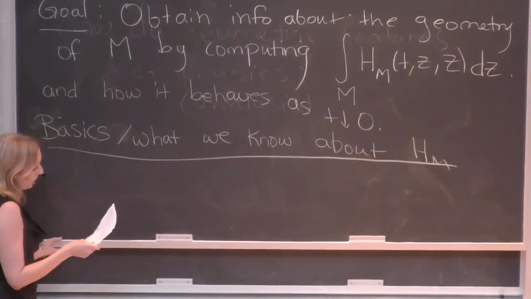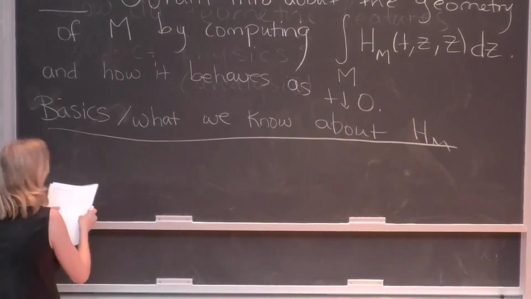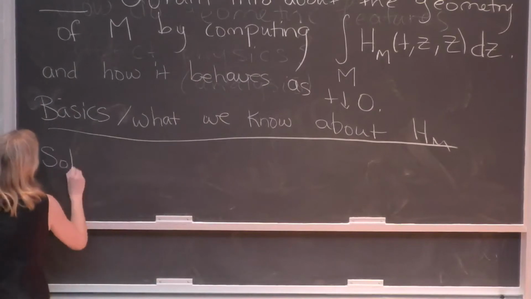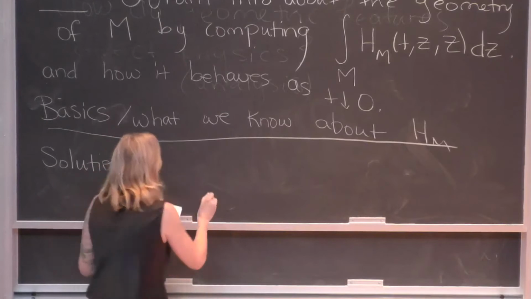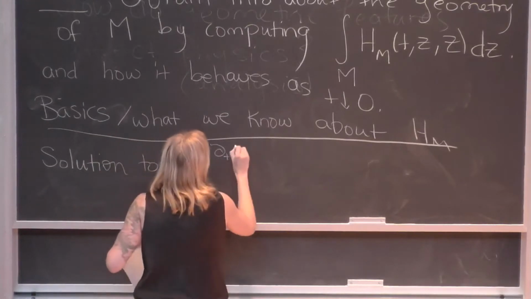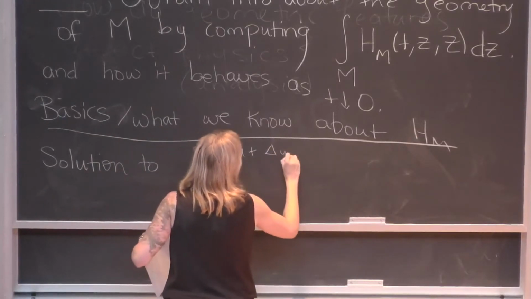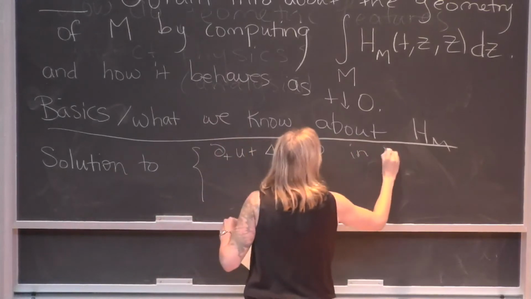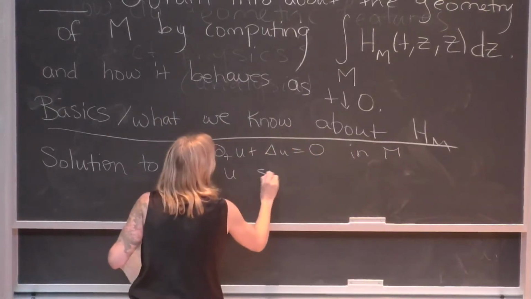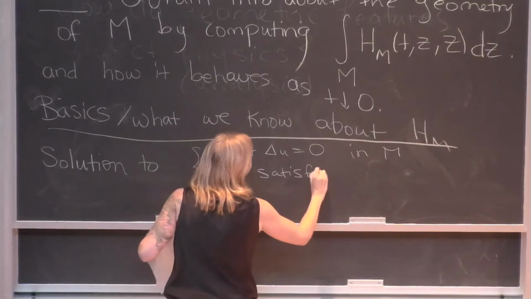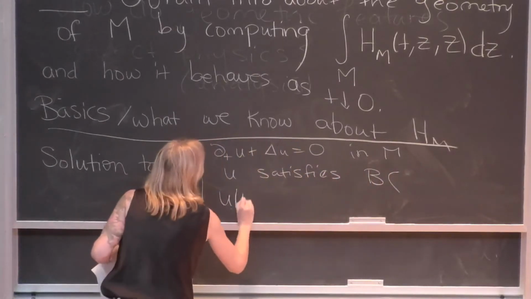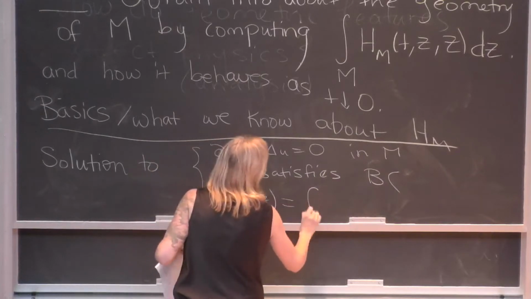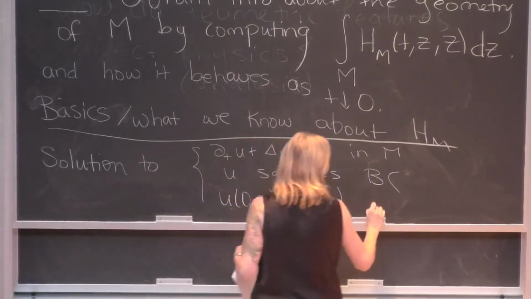As in our example, consider the solution to the initial value problem: dtu plus Laplace u is 0 in M, u satisfies whatever boundary condition we have, and u at time 0 is some decent function.